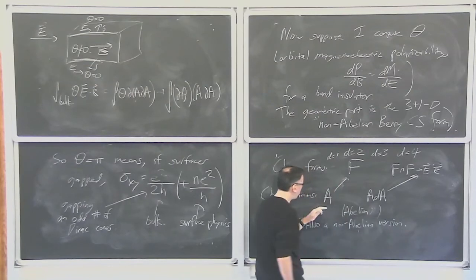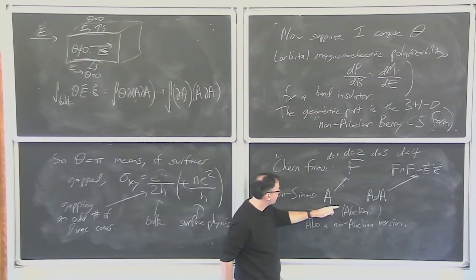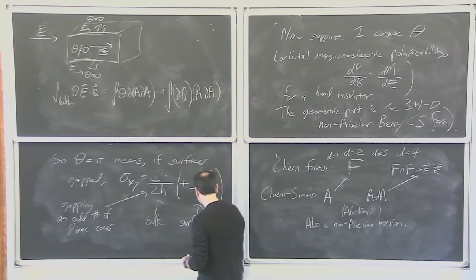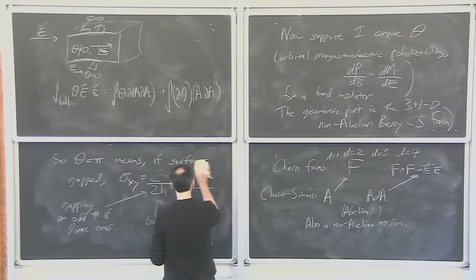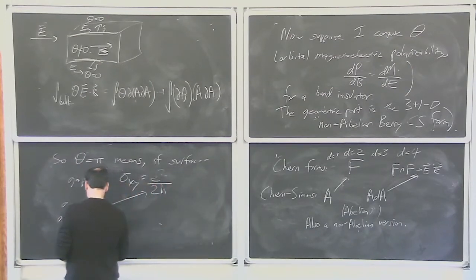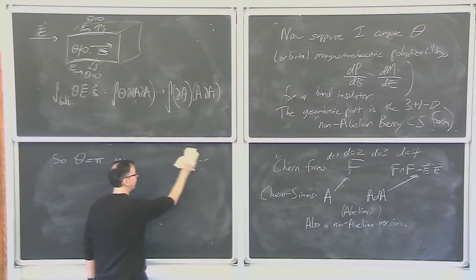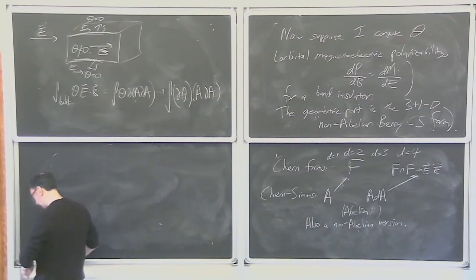But let me show you one neat thing about how polarization works, and then it turns out the same thing is true for polarizability. And it gets back to something I mentioned earlier about gauge invariance. So how could it be mathematically that something about the bulk is like an angle?